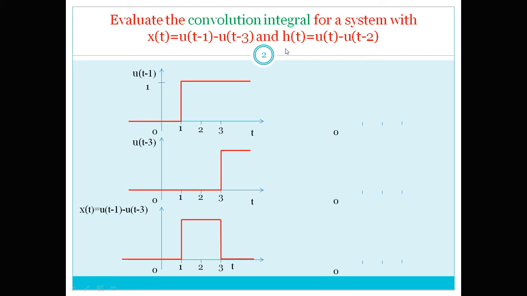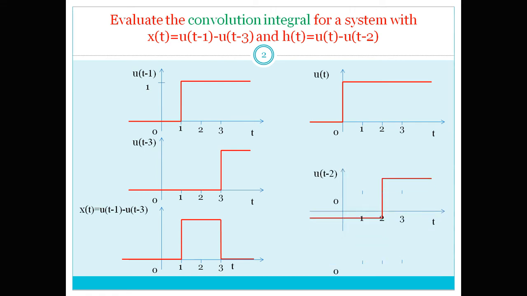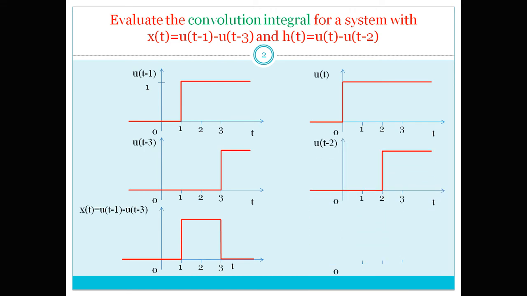Now let's move on to h of t, the impulse response of the system. This is simple u of t, so I can take the unit step function straight away. If t greater than 0 the value will be 1, like this, and this is u of t minus 2, so at t greater than 2 the value will be 1, and this is the signal.